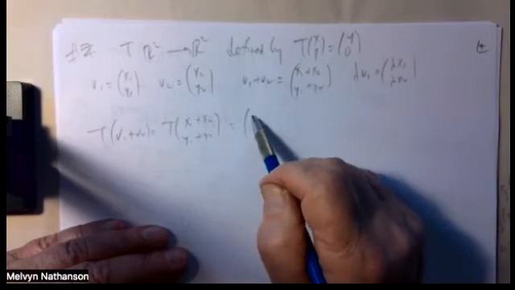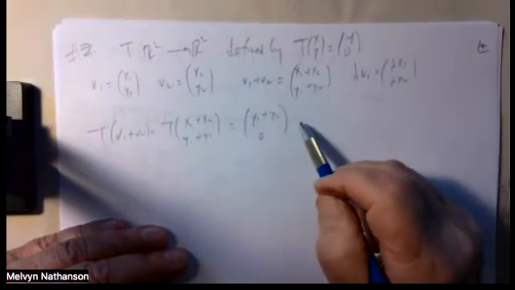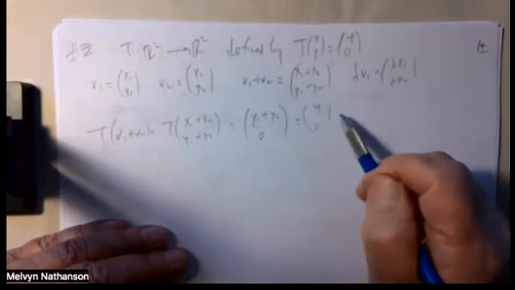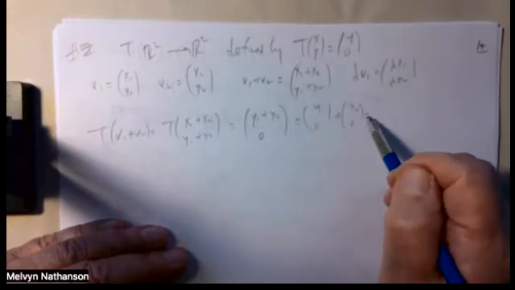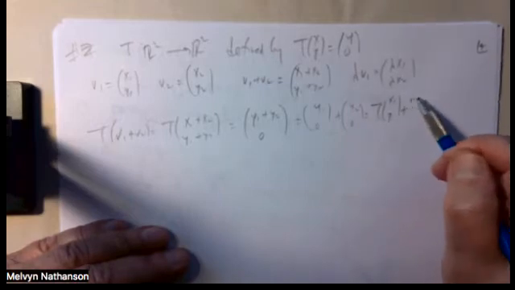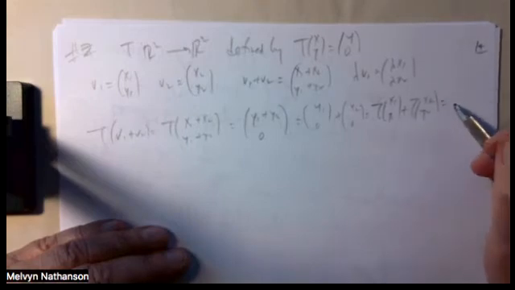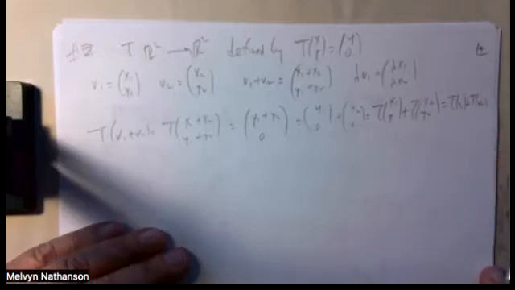You put the Y coordinate into the X position and make the second coordinate 0, which is Y1 plus Y2, 0, which is exactly T of X1, Y1 plus T of X2, Y2, which is T of V1 plus T of V2. So this satisfies the first condition for linearity.